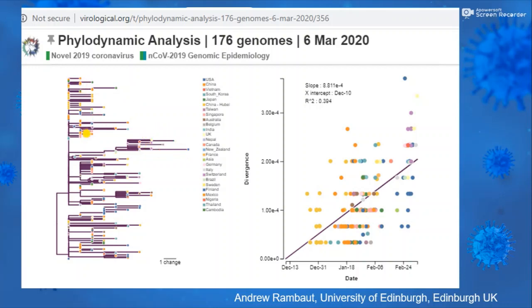One paper came in February, maybe with the data set up to January, and another work came in March. You see that there is a huge variation in the phylogram.